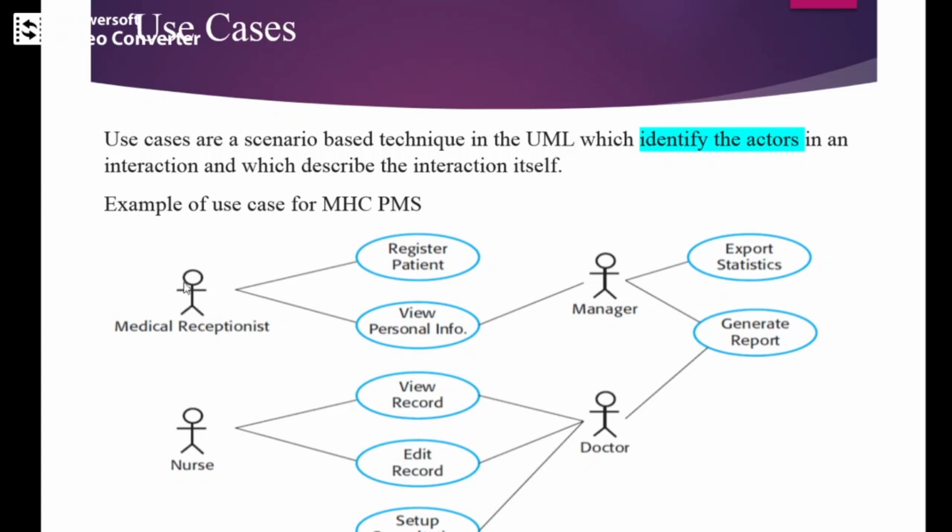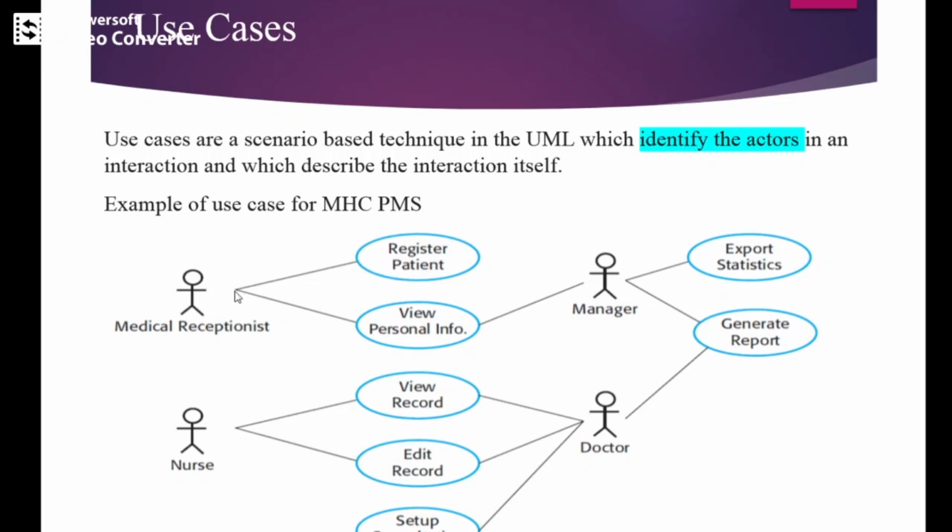See here, the stick figures represent the actors. Keep in mind the stick figures represent the actors, and the ellipses show the interaction. So we have one actor, the medical receptionist, another one the nurse, another the manager, then the doctor. For the medical receptionist, the type of interaction is shown in the ellipse.